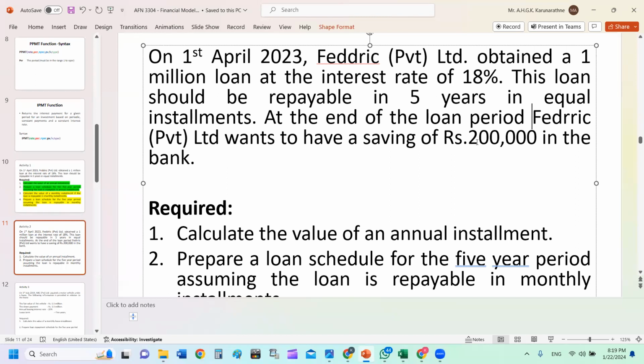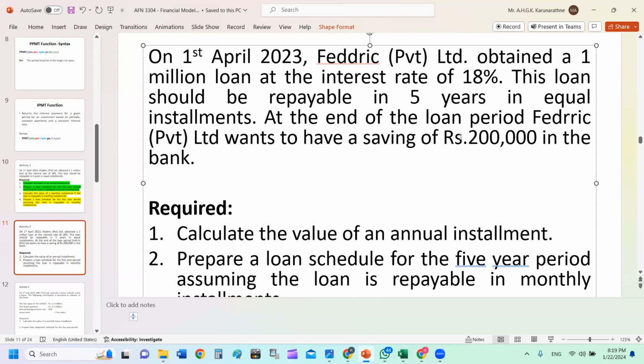So what happens now? The FV variable comes in. Again, Frederick Limited borrows 1 million and the bank interest rate is 18%, to be repaid in 5 years, in annual installments. But your installment should be decided by considering the loan and, at the same time, your future target of generating a saving balance on your behalf.